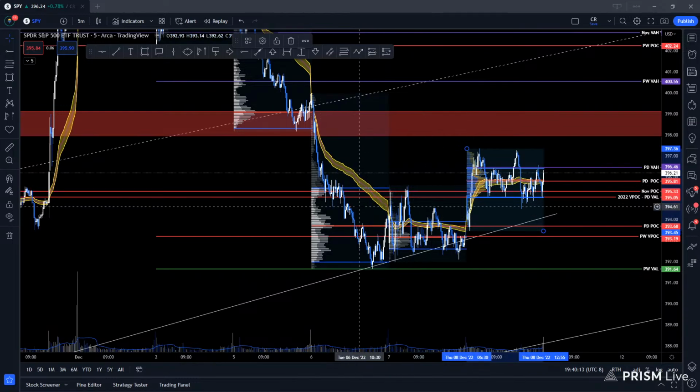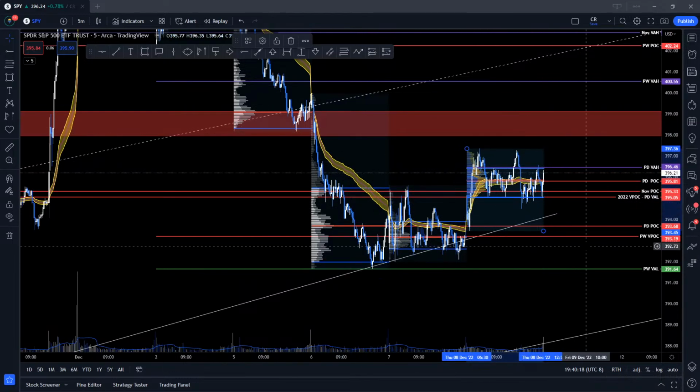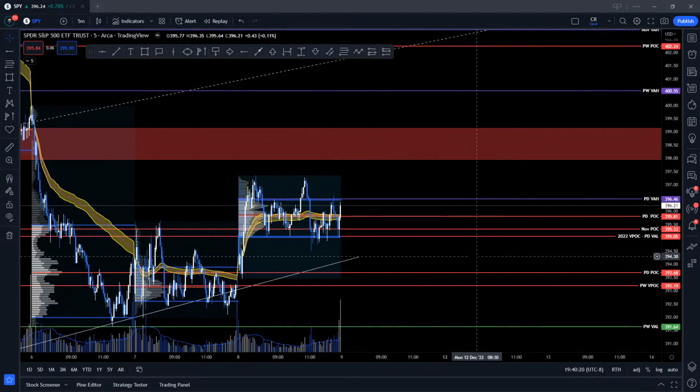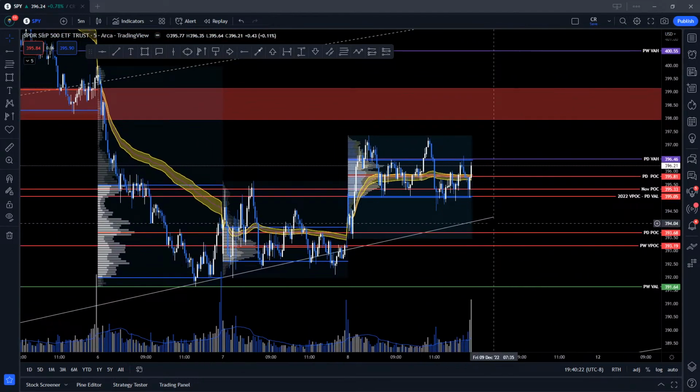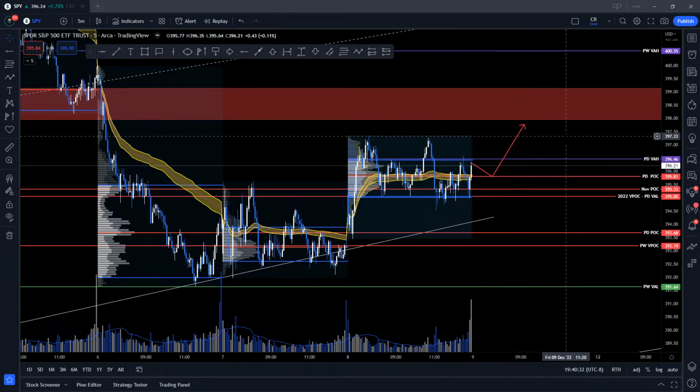This is kind of just sideways. We started to move up a little bit, but not enough that I would expect a reversal. I'm kind of expecting just more upside tomorrow. We could easily come back and retest the POC before we go.